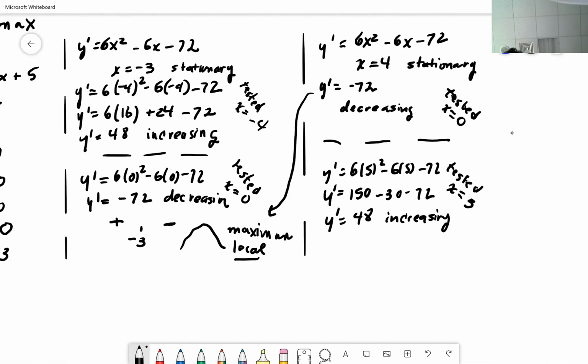Now if we look at 4, to the left of 4 the function is decreasing, and to the right it is increasing. So this is a minimum. It's going to be like this. Minimum. Probably a local minimum.